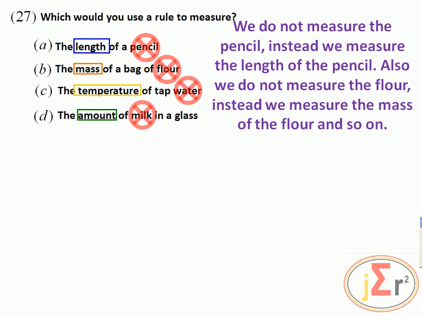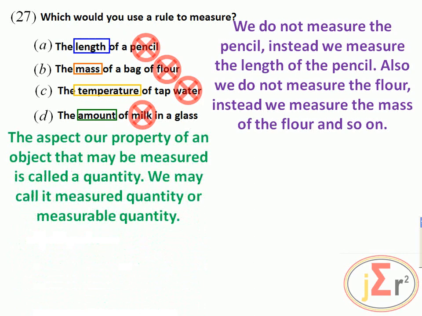Length, mass, temperature, amount. The aspect or property of an object that may be measured is called a quantity. We may call it a measured quantity or a measurable quantity. So length is a quantity because we can measure length. Mass is a quantity because we can measure mass. Temperature is a quantity because we can measure temperature.